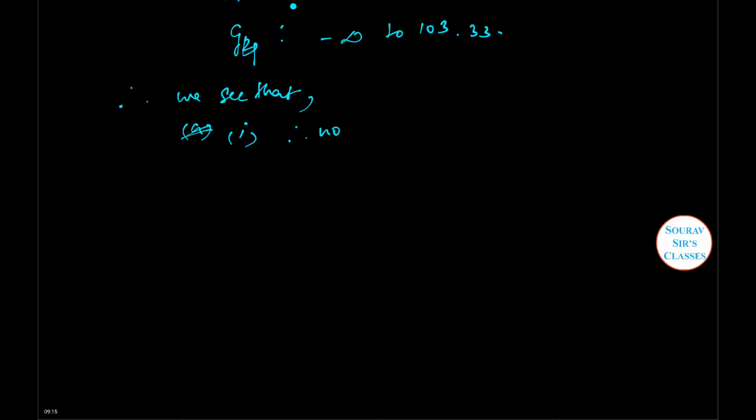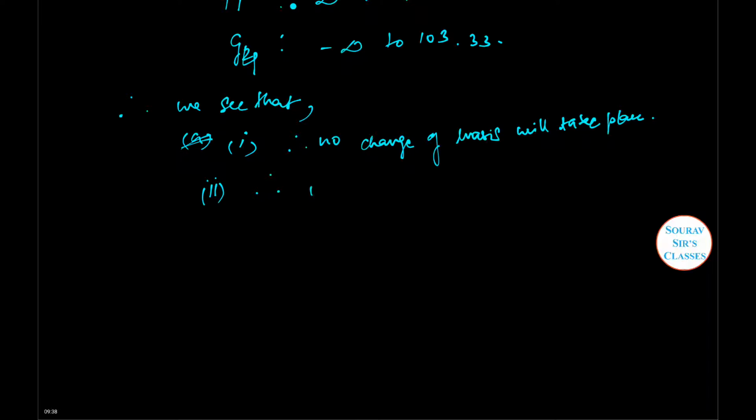Therefore, no change in basis will take place. And in case 2, the change for G1 is within the allowable range, but for G4 it exceeds. Therefore, we need to resolve the given problem.